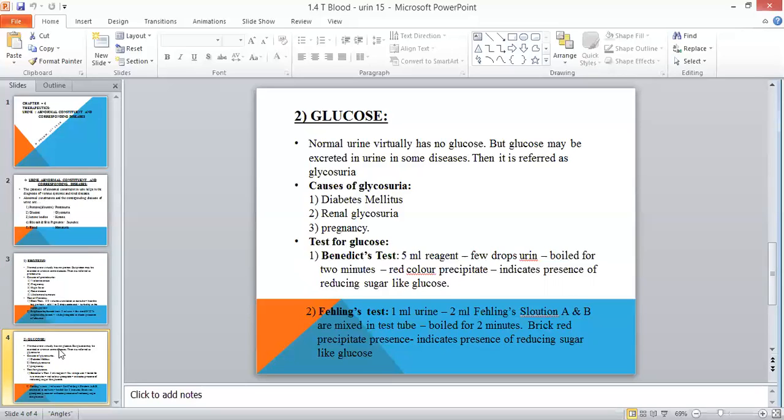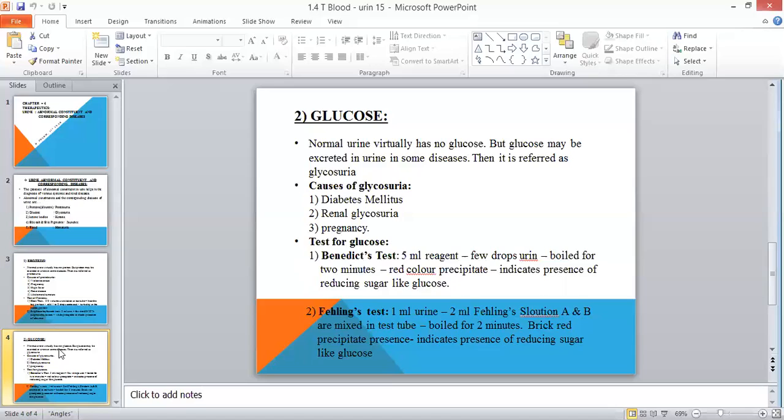In this test, 5 ml of Benedict reagent is taken in a test tube, and then a few drops of urine are added. Boil the sample for 2 minutes, and after 2 minutes a red colored precipitate is found, and this red precipitate indicates the presence of reducing sugar like glucose.